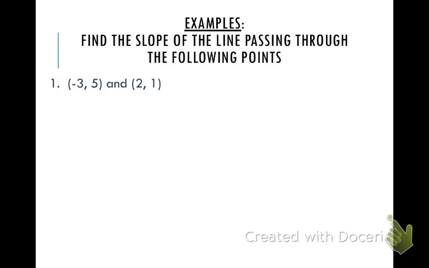So find the slope of the line passing through the following points. Again, we will go through with our equation. If I have -3, 5, and 2, 1, it doesn't matter to me which one you choose as the first point or the second point. I'm probably just going to go in order and say that that's x1, y1, x2, and y2.